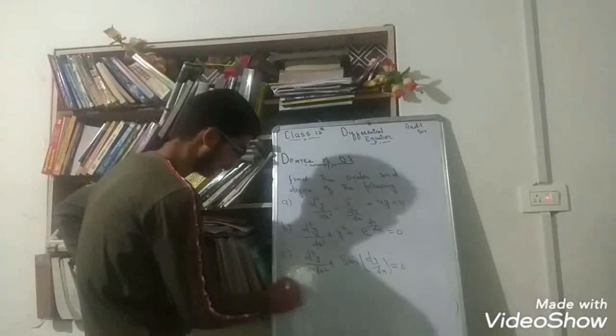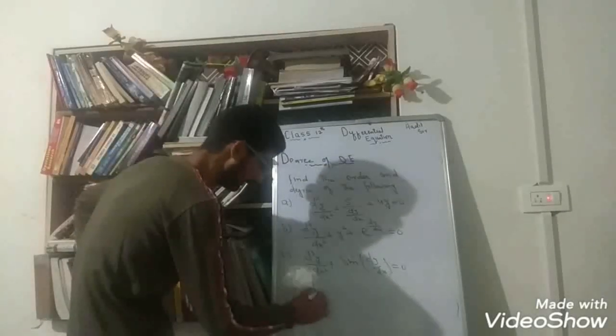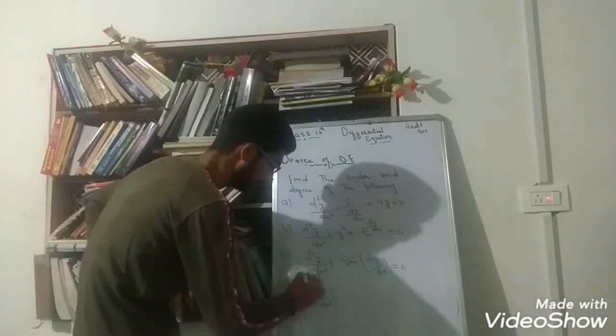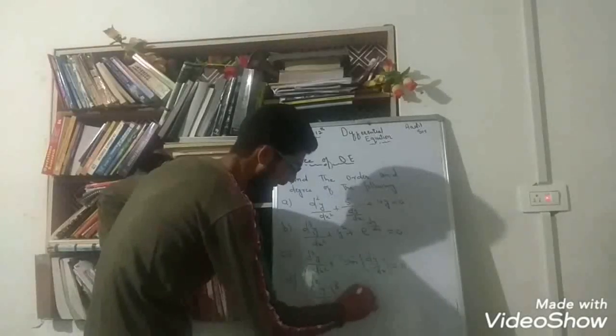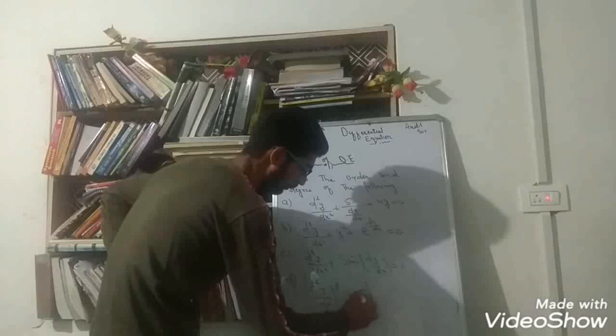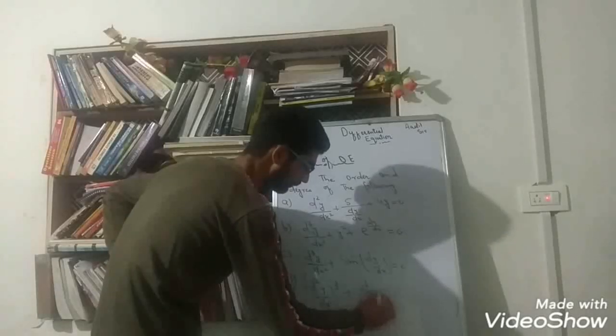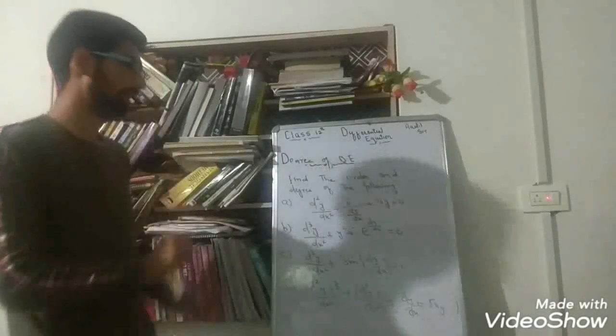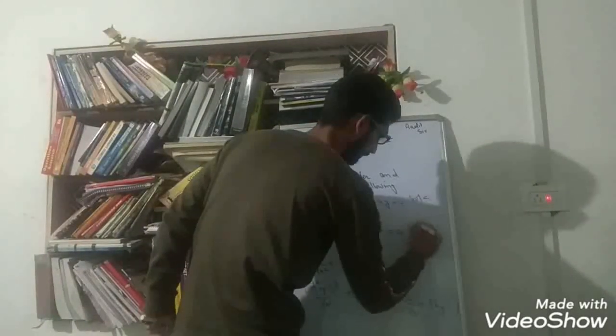And D part you write down: d square y by dx square to the power 4, plus d cube y by dx square, plus dy by dx is equal to 5xy. So these are the equations. You have to find out the order as well as degree. I will do the solution here. You have to write them properly in your book.